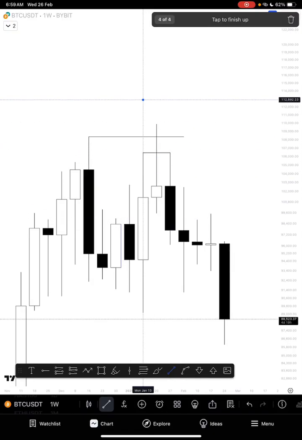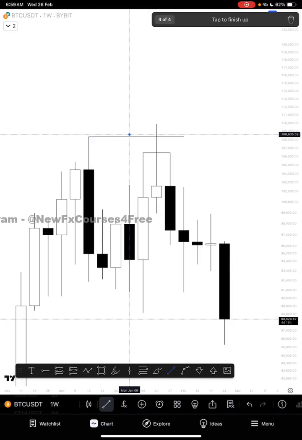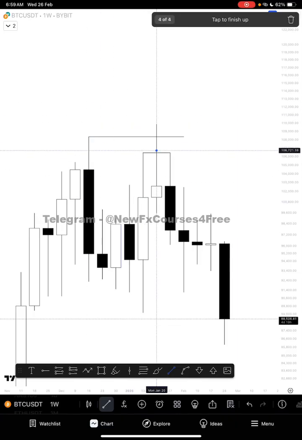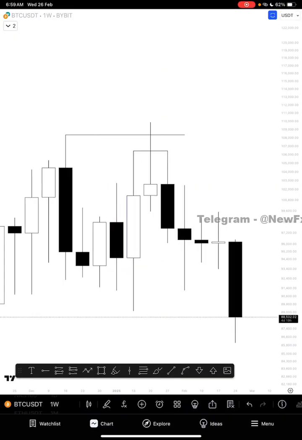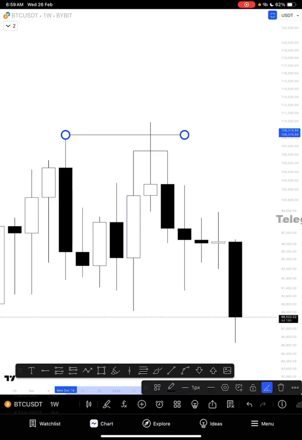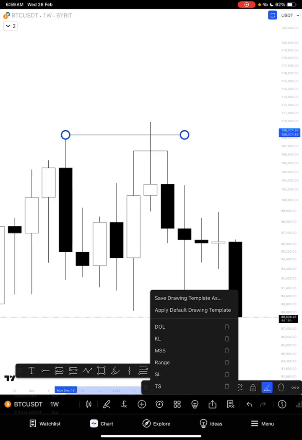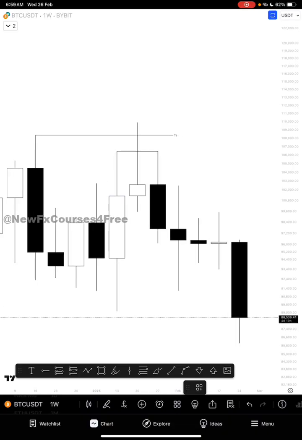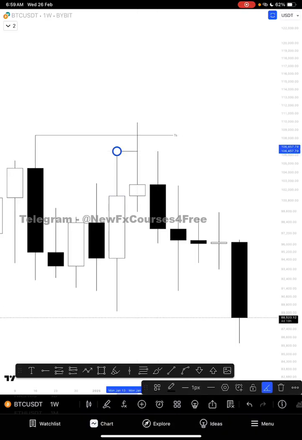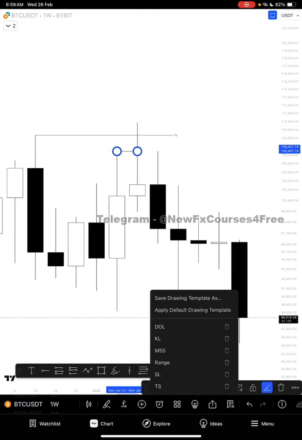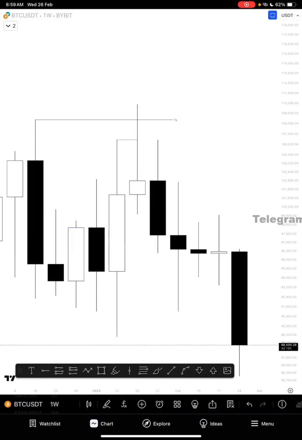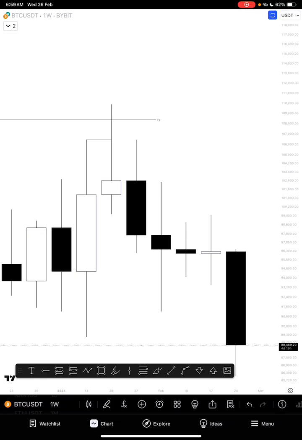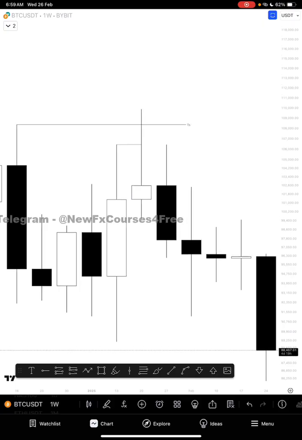Closed, wicked above these highs, then closed back with this long wick showing a bearish reversal. So this actually equals lower prices. Sorry about that.